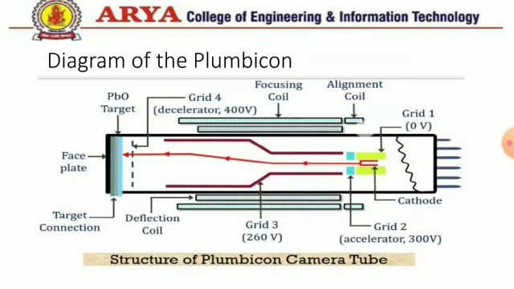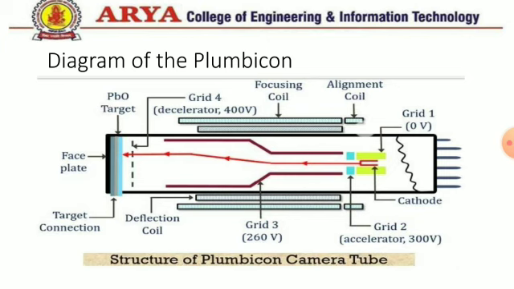The electron beam will come from the cathode; you can see the electron gun is there and the cathode is fitted with it, and that will generate the electron beam.